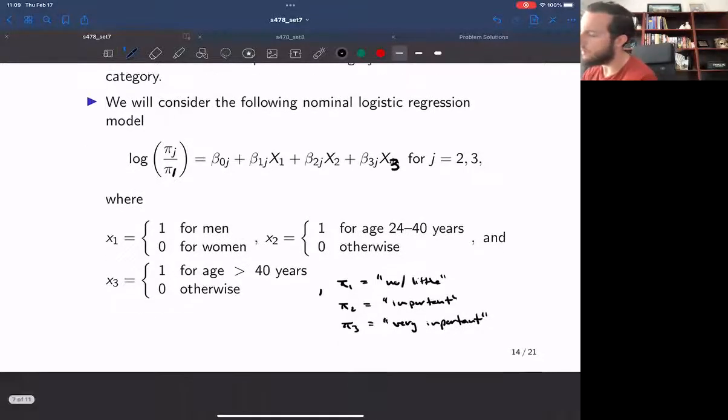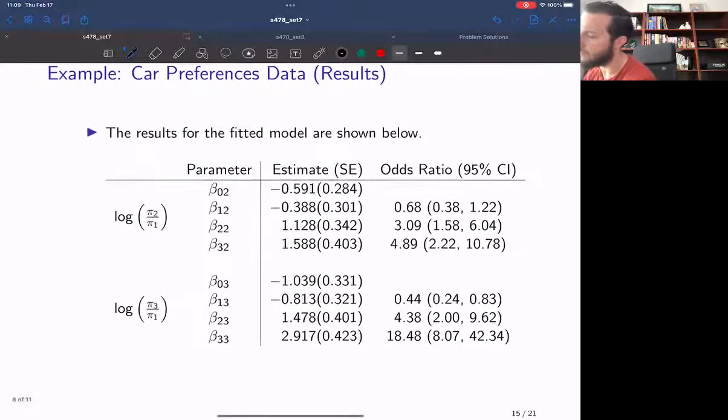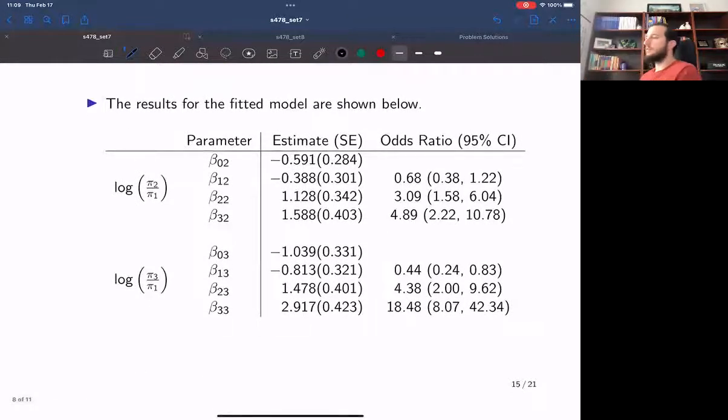All right, so the model parameters are given on slide 15. Now, in addition to the model parameters, we have the standard error associated with each parameter, so we could use these to compute a test statistic. We also have the odds ratios that are computed using the estimates of each model parameter, and we have a corresponding confidence interval for that parameter.